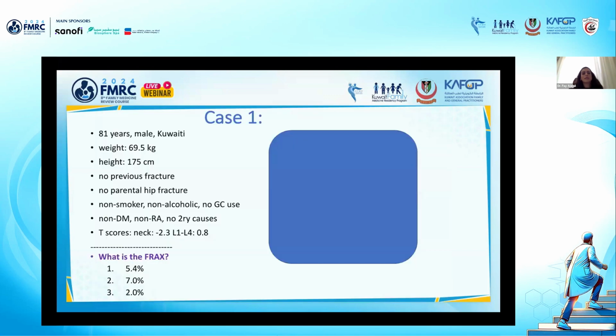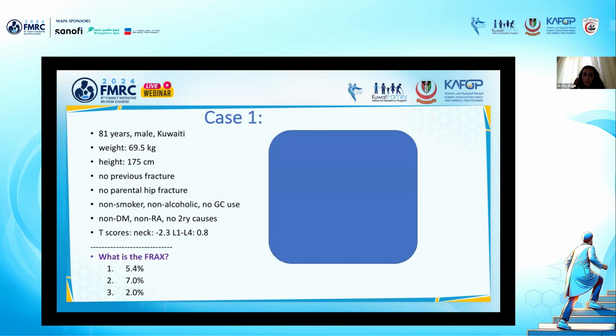Okay, so this is the first case. So basically, I have put the information on the left side. Please just put it in the FRAX calculator and check the FRAX score. This patient is 81 years old, male patient, Kuwaiti. So make sure your FRAX is based on Kuwait's population.